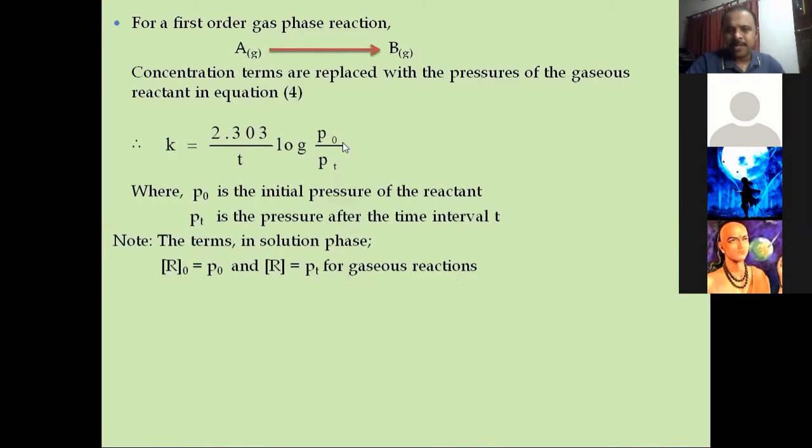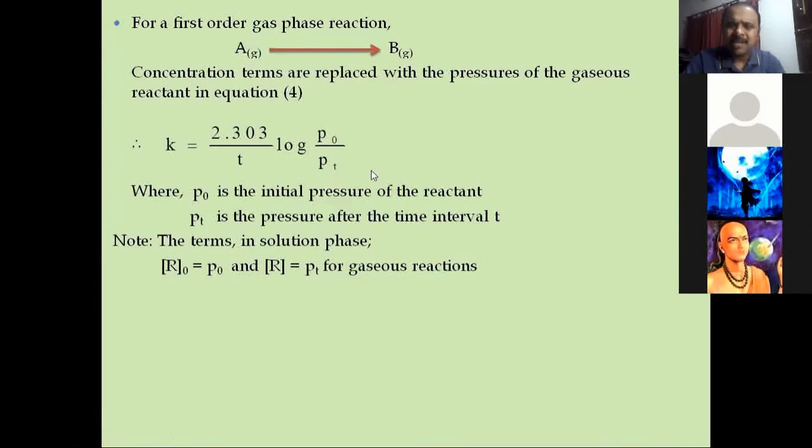Is that okay? Now, especially in these gaseous reactions, the calculation of K should be done a little carefully. We'll take some examples, because how we calculate Pt is very important. Remember, P naught or Pi is the initial pressure. Pt is the remaining pressure of the reactant at time T seconds.